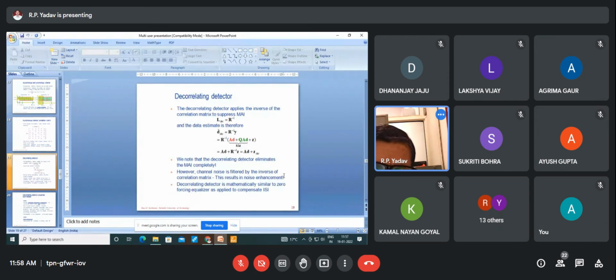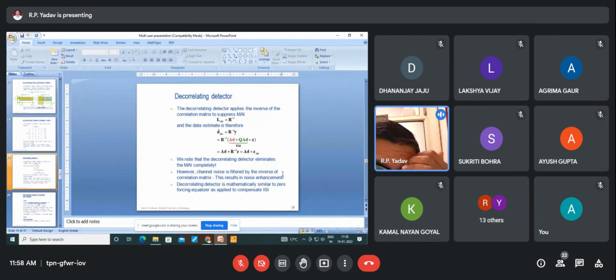That's then the decorrelating detector, which you already know. Decorrelating means you correlate the incoming signal with a certain code, the same concept as autocorrelation, because the incoming signal will generate zero output for a user which does not use that particular code.